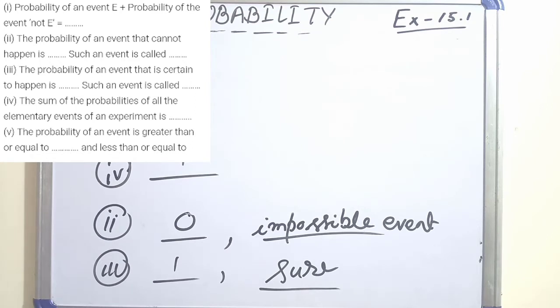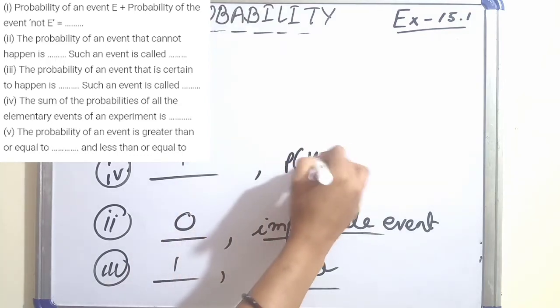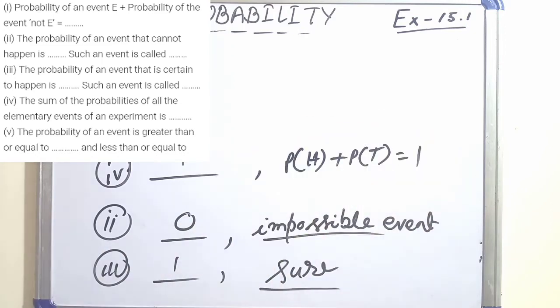That means, suppose in an experiment of tossing a coin, probability of head plus probability of tail is equal to 1. In an experiment of throwing a die, probability of 1 plus probability of 2 plus probability of 3 plus probability of 4 plus probability of 5 plus probability of 6 is equal to 1. That means the sum over all the elementary events of an experiment is 1.